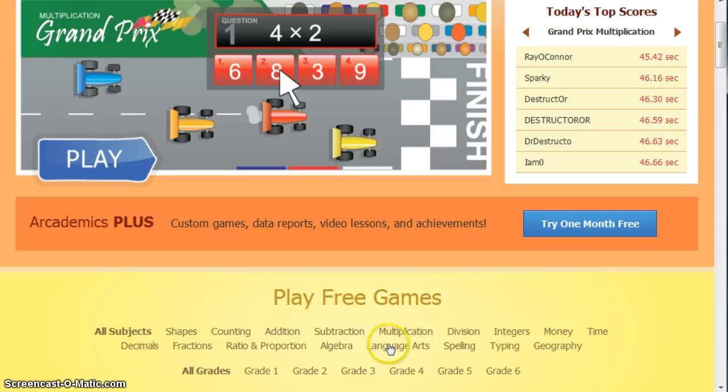But let's just check out, say you are teaching third graders and you want to see what there is for multiplication. You can go right into multiplication. Or if you're working with fourth graders and you want to go directly into fractions, you can go in there. I personally find that an easier approach. So let's check out multiplication.